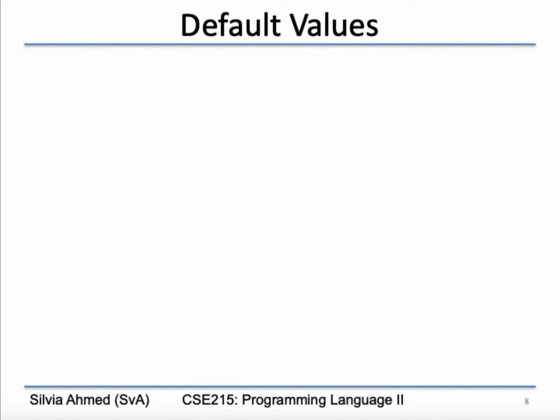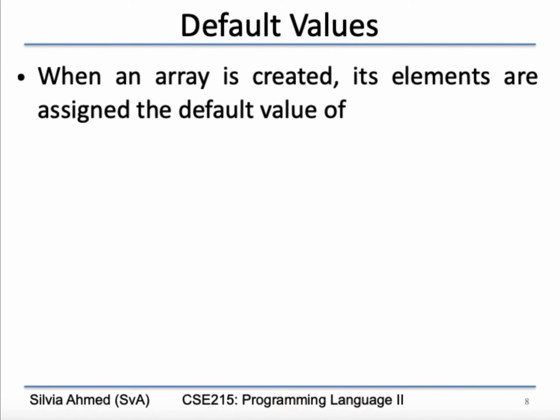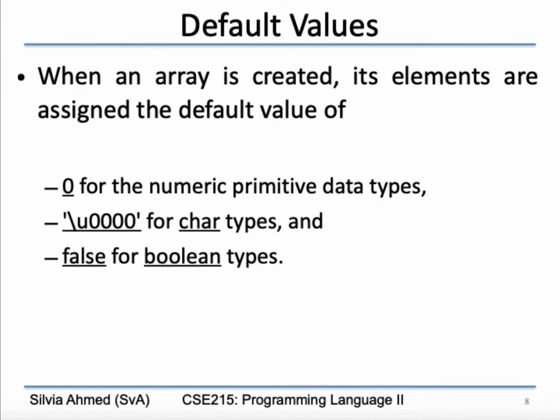When we create an array, it does not contain garbage values. Rather, it contains some default values based on the type of array. So if the array is of numeric primitive data type, that means integer, short, double, float, then the default value is 0.